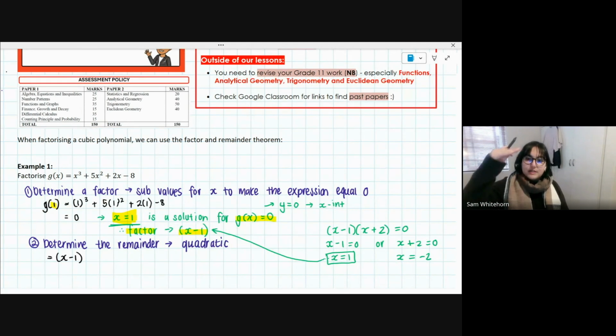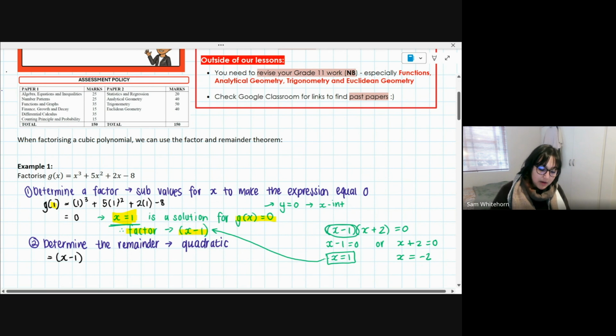So that solution x equals 1, that made our equation equal to 0, if we go the step before we got the actual solution, has a factor bracket of x minus 1. The bracket x minus 1, when I make that equal to 0, gives me the solution of positive 1. So when we determine the factor, the bracket, we always want to use the opposite sign.